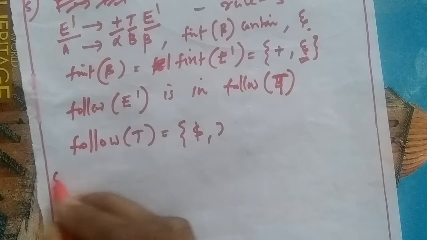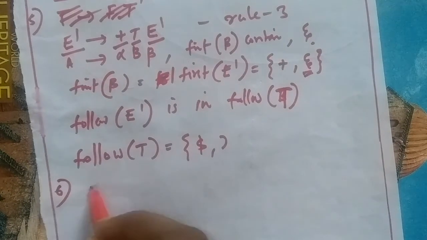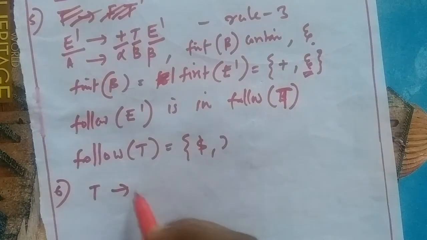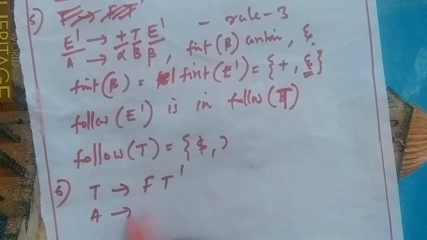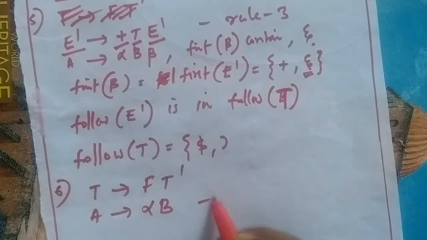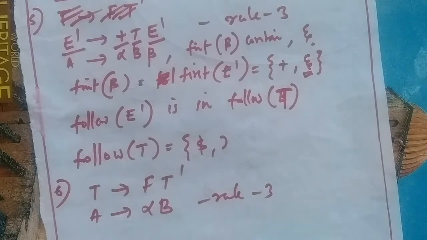Then the sixth one, T gives F T dash. This is of the form A gives alpha B. So apply rule 3.